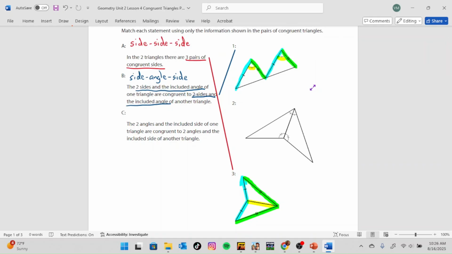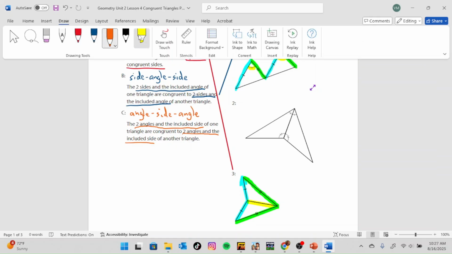And statement C, the two angles and the included side of one triangle are congruent to two angles and the included side of another triangle. So this is going to be an example of angle, side, angle.